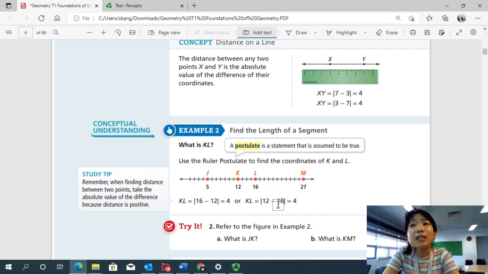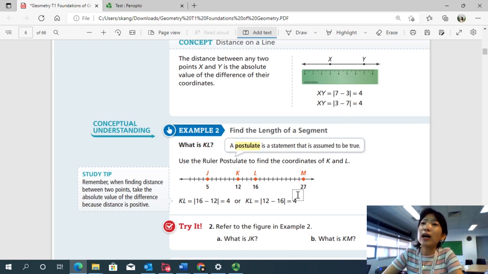Okay, so 12 minus 16 will give you a negative 4, but the absolute value of negative 4 is positive 4 anyway. So KL is either 12 minus 16 absolute value or 16 minus 12 and then absolute value, which will not change your answer, and it shouldn't. So the distance between those 2 points will be 4.